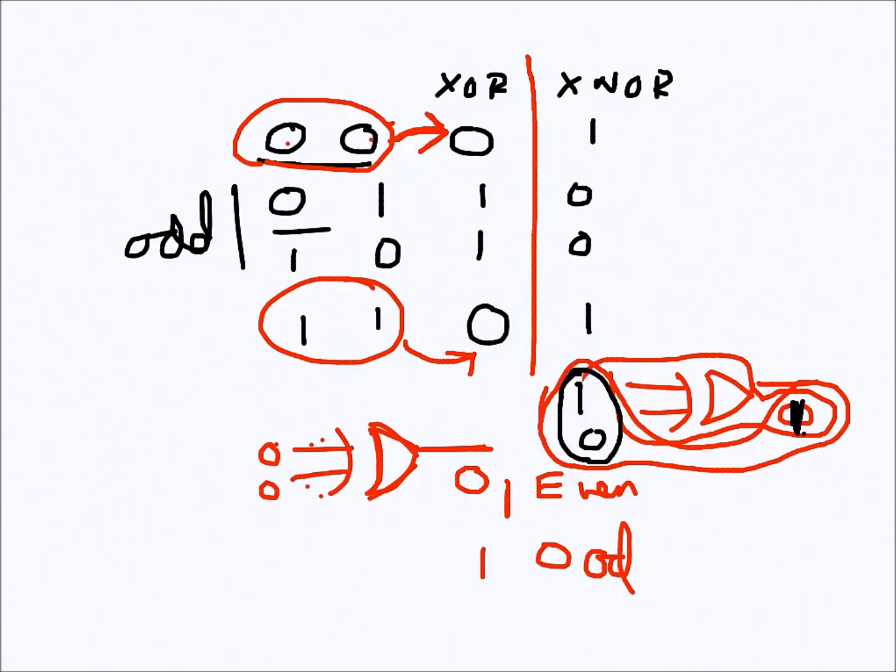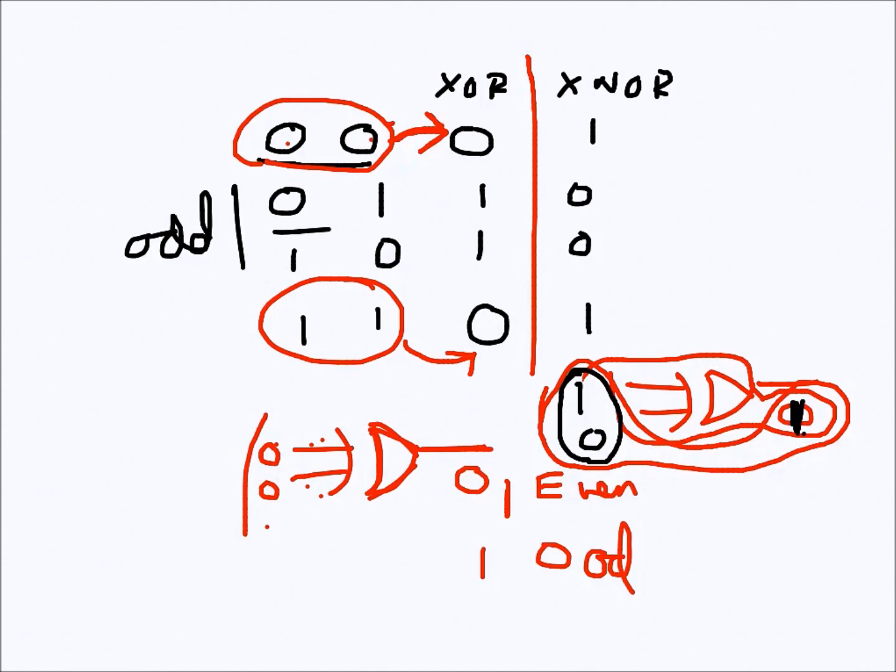The XOR gate can check for even or odd parity, and it generates an even parity.